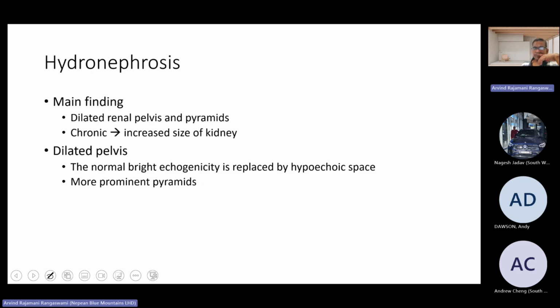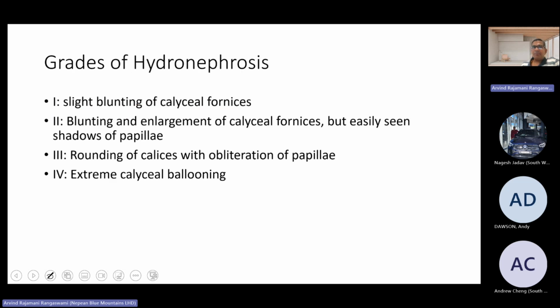With hydronephrosis, there are two main findings. You have a dilated pelvicalyceal system, and if it is chronic, you'll have a large kidney. The dilated pelvis is very easy to identify because the normal white hilum is replaced by a hypoechoic space with very prominent pyramids.